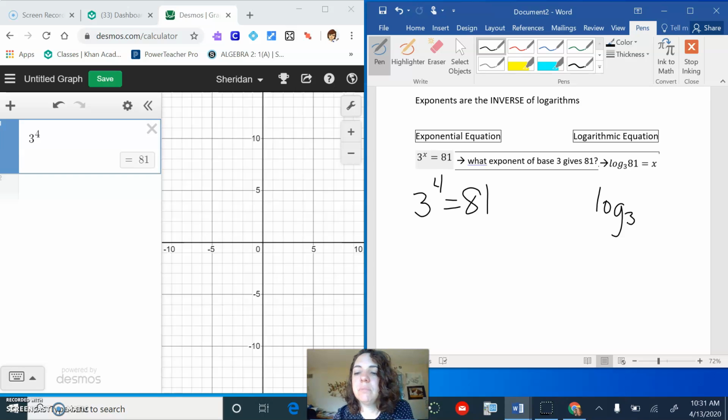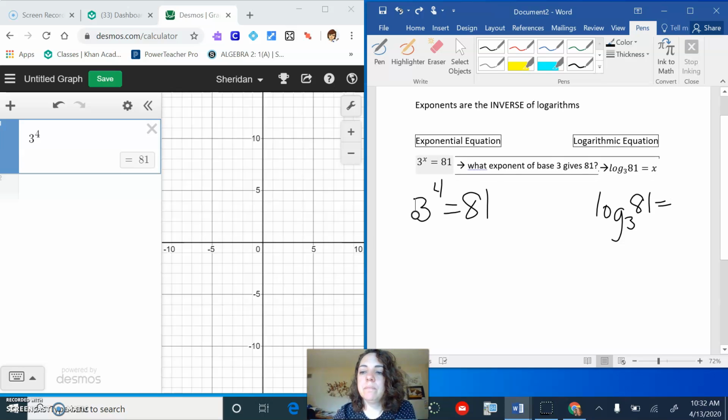Subscript. Log base 3 of 81 equals 4. Okay. Log base 3 of 81 equals 4.